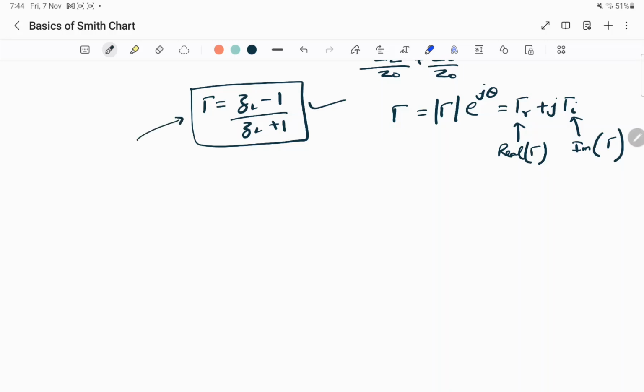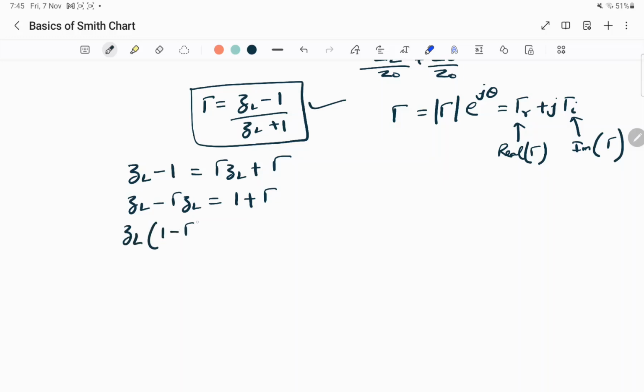This formula can be rewritten as zL minus 1 is equal to gamma zL plus gamma, or zL minus gamma zL is equal to 1 plus gamma, or if you take zL common, zL times 1 minus gamma is equal to 1 plus gamma. So zL becomes equal to 1 plus gamma divided by 1 minus gamma.